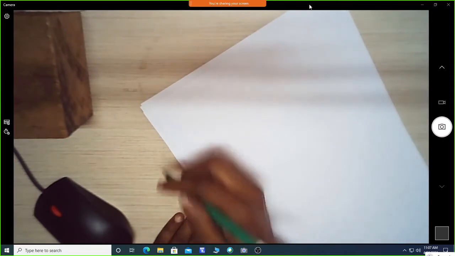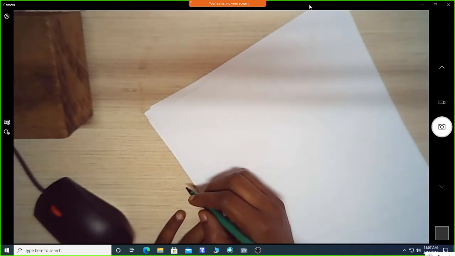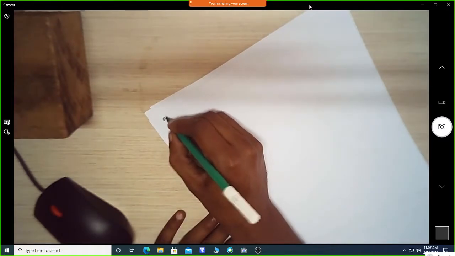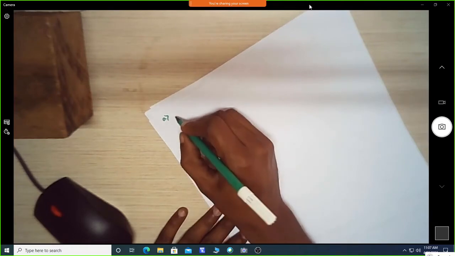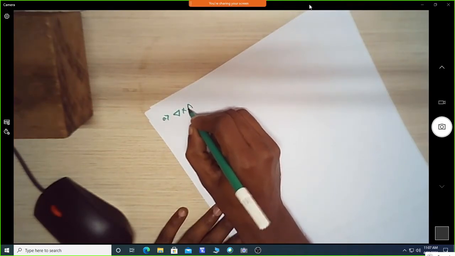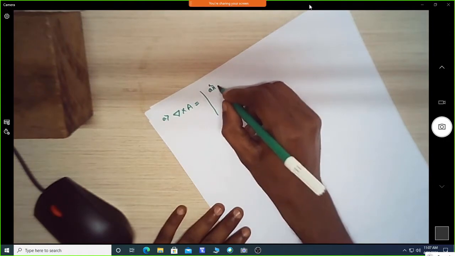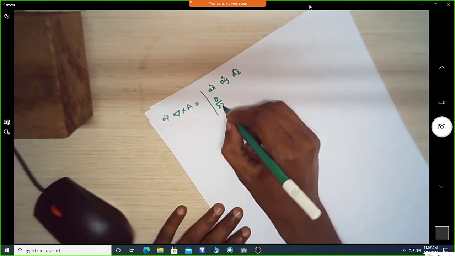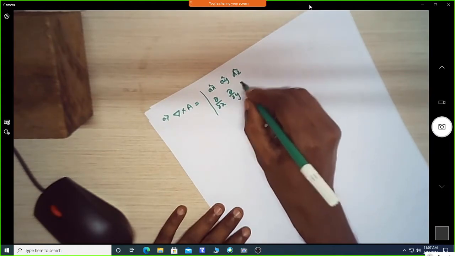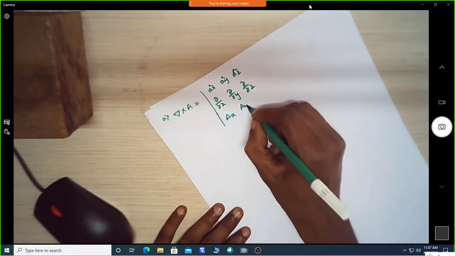curl of a vector in Cartesian, cylindrical and spherical coordinate system. So now for problem A, it is in Cartesian coordinate system. So you can write del cross A, which is nothing but the unit vectors ax, ay, az, and del by del x, del by del y, del by del z, and the ax, ay and az components.